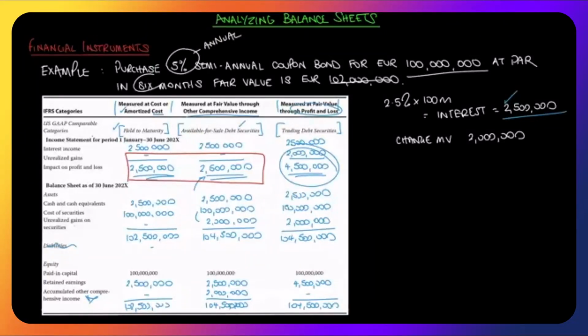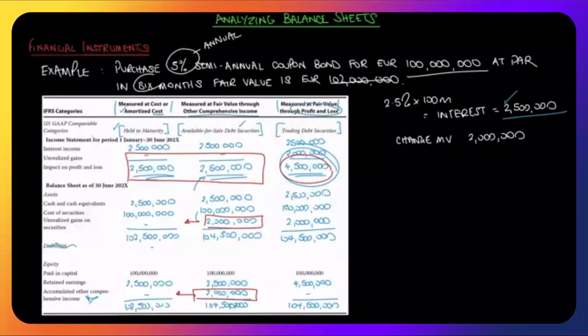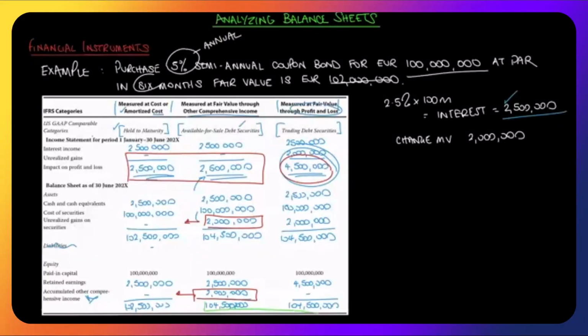So although you've got the same impact on the P&L, available for sale added the 2 million in OCI. Held to maturity did not. If you look at trading, that's the one that has the highest net income. But if you compare and contrast our total retained earnings and comprehensive income, they're the same. It's just whereabouts it went through. Was it in P&L? Was it in OCI?